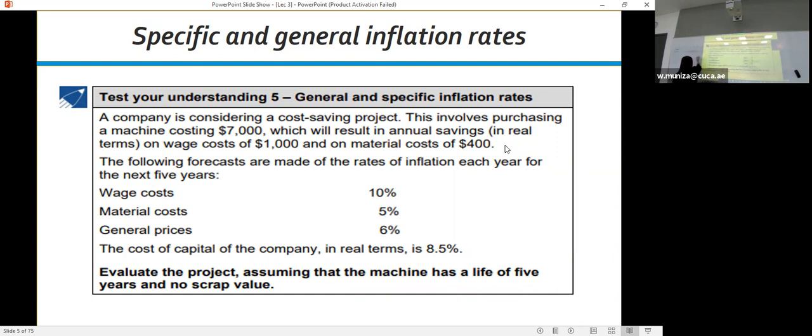Do the same for wages now. What is the current rate of wages? It's 1,000. Can you do the same for wages? It's 10% for wages. 1,100.